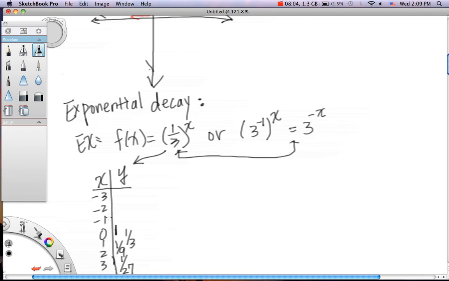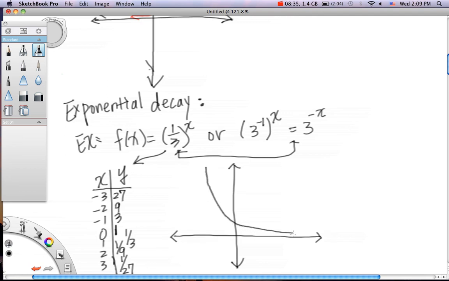And when x is negative 1, if you're looking at it in this form, that's 3 to the negative of negative 1, which is 3 to the 1 power. So when x is negative, you actually have a positive y value. This is called exponential decay because as x gets larger and larger, you have a smaller y value. So this is what that looks like.